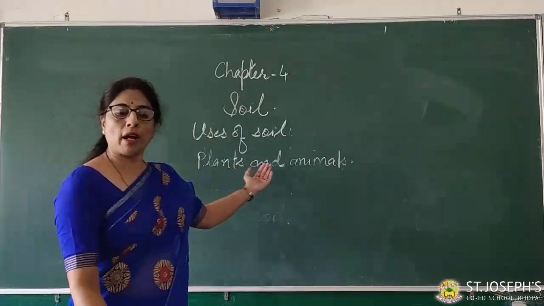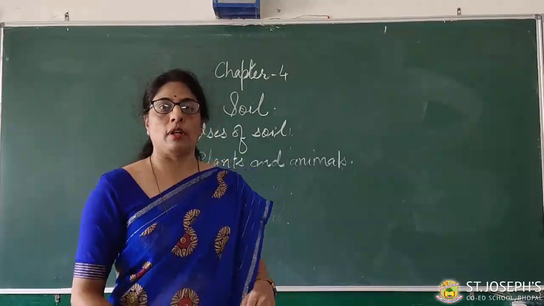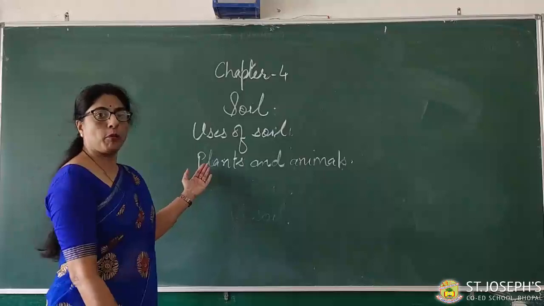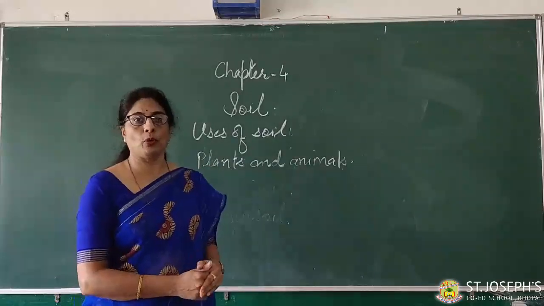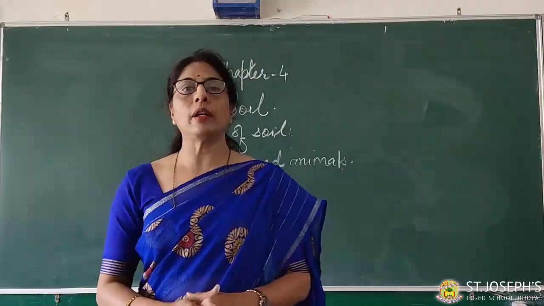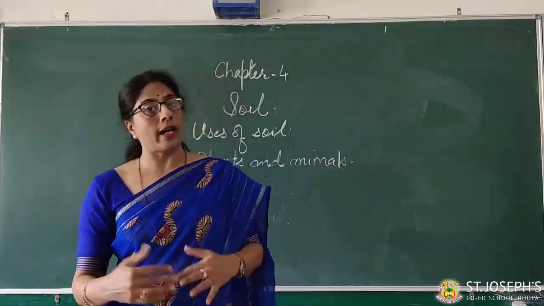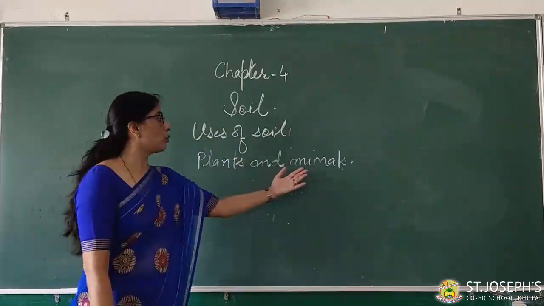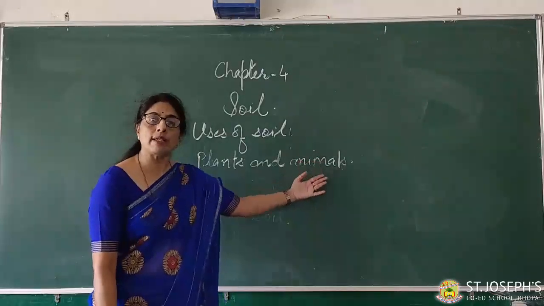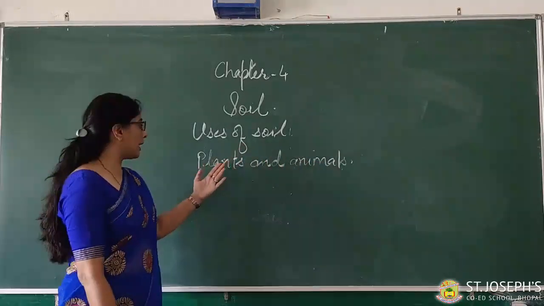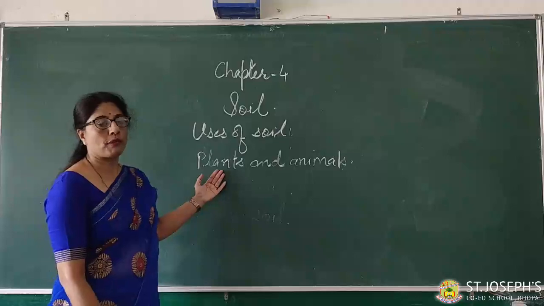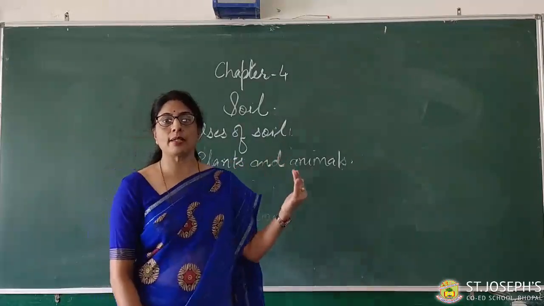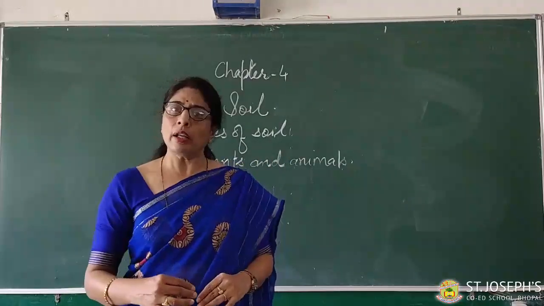We all know plants grow in soil. Plants get their minerals and water from soil only. If soil is not there, plants cannot be grown. And if plants cannot be grown, animals also cannot survive, because all the animals are dependent on plants for their needs and survival, whether directly or indirectly.